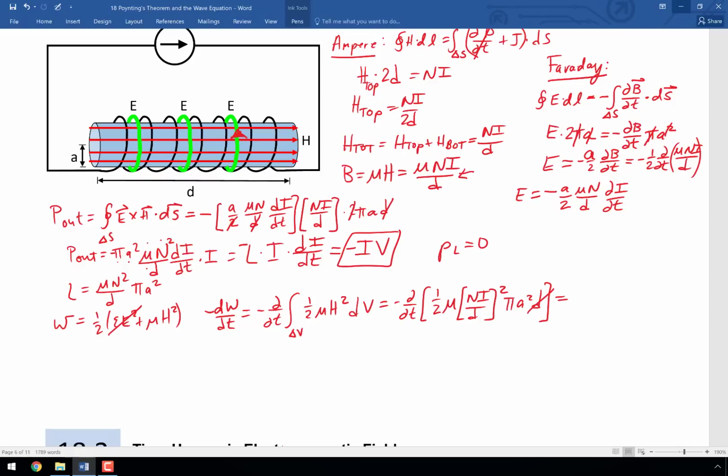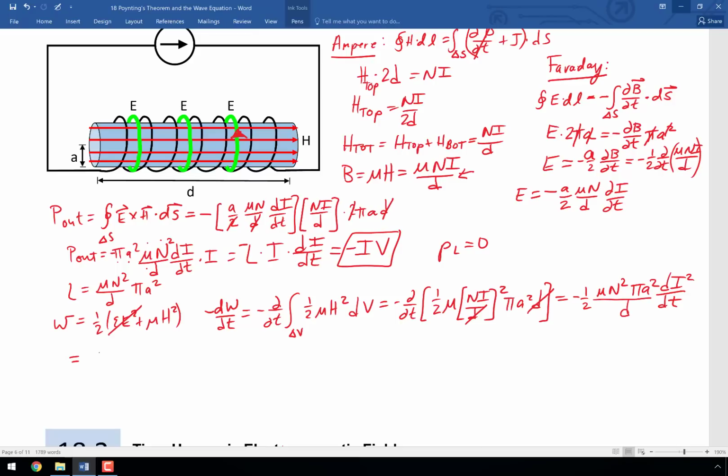Oh, and some of them can cancel. So there's a D that cancels. So I'm going to pull out negative 1/2 mu. N is inside the bracket, so it gets squared. So there's an N squared. There's a pi A squared. And then there's a d I squared dt, and then there is still a D in the denominator as well.